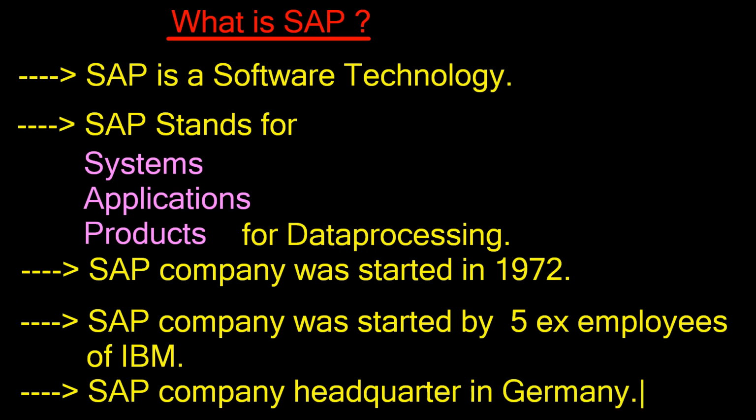So this is about SAP history. SAP stands for Systems, Applications and Products, simply SAP for data processing. The company was started in 1972 by 5 ex-employees of IBM. Before 1972, they worked on IBM mainframes.